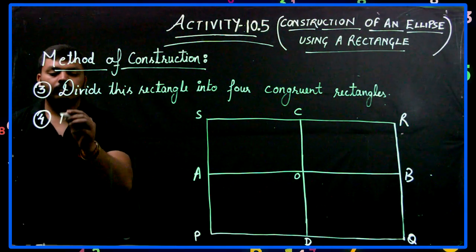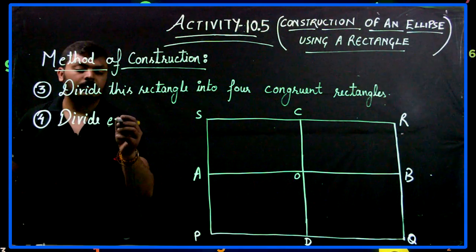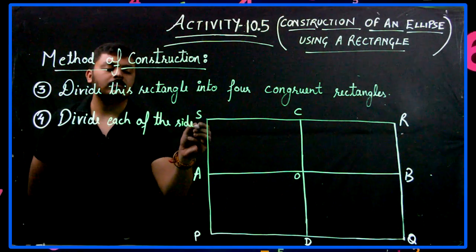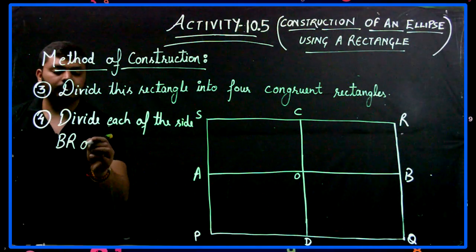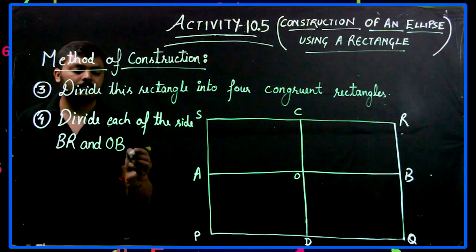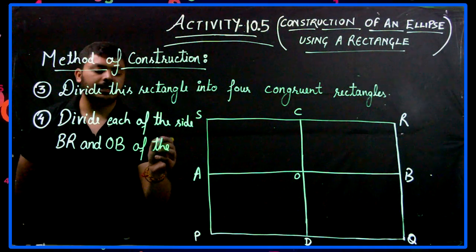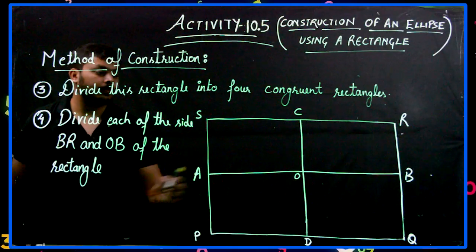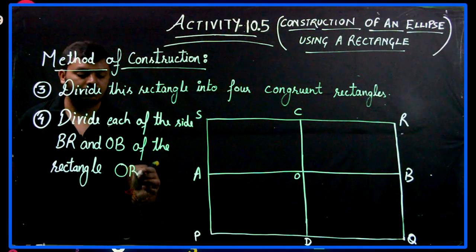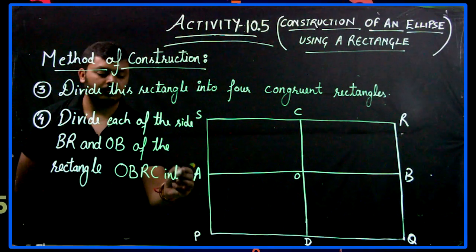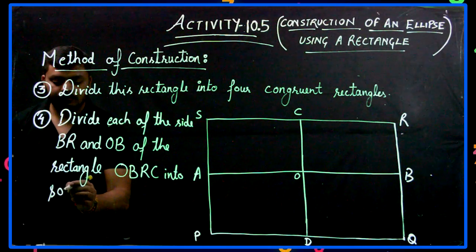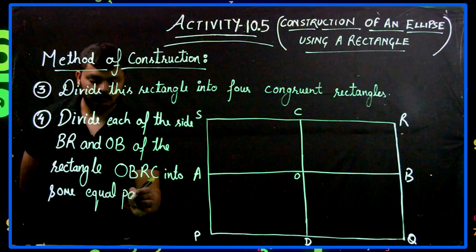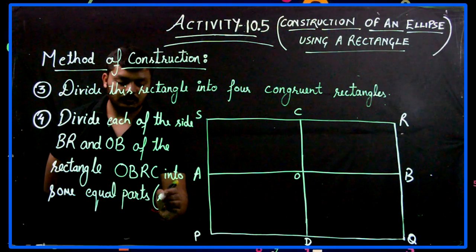Now divide each of the sides BR and OB of the rectangle OBRC into some equal parts, let's say 11 parts.